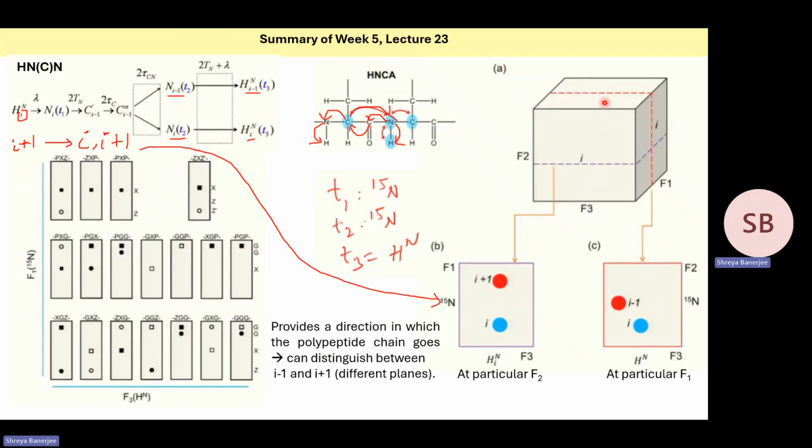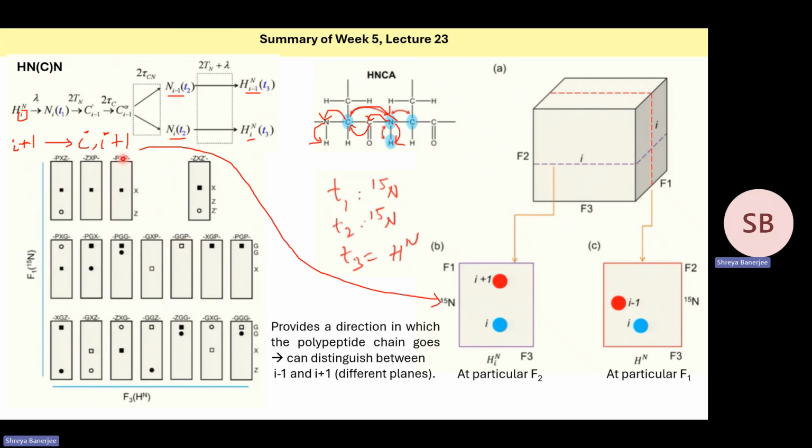But in this case, with two different cross sections, one cross section will have I minus 1, the other cross section will have I plus 1. So you can clearly distinguish which is the residue before and which is the residue after. So you can derive the direction in which the polypeptide chain is going. Again, here, if you have proline, one peak will be absent.